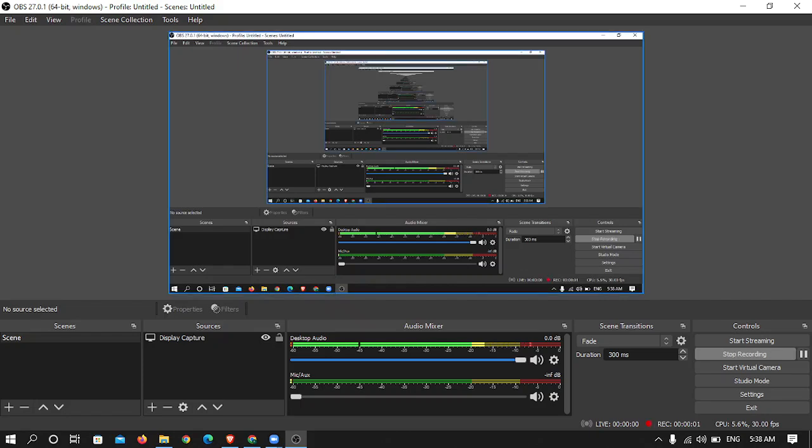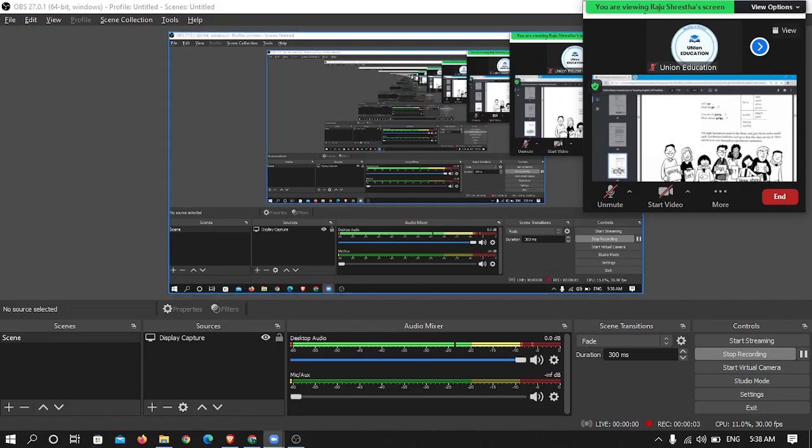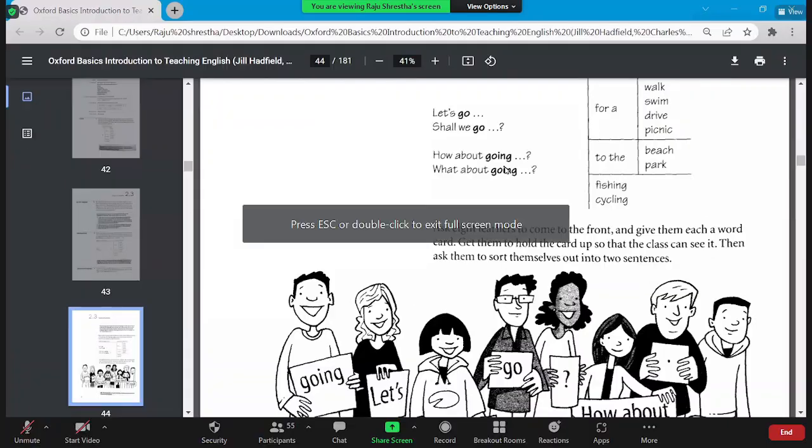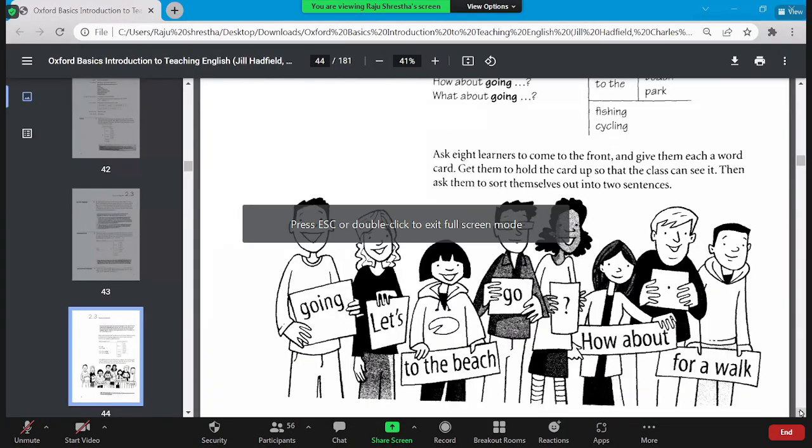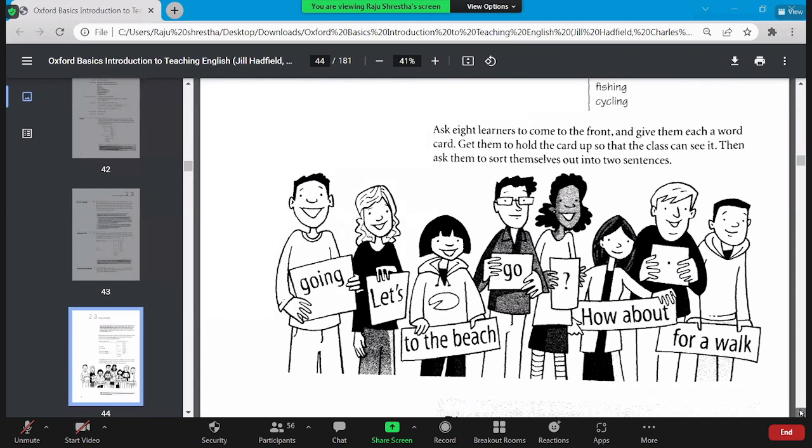We can go. So these are very basic at the beginning of our teaching. We can use this kind of activity, and this below is also a very interesting activity in language function.